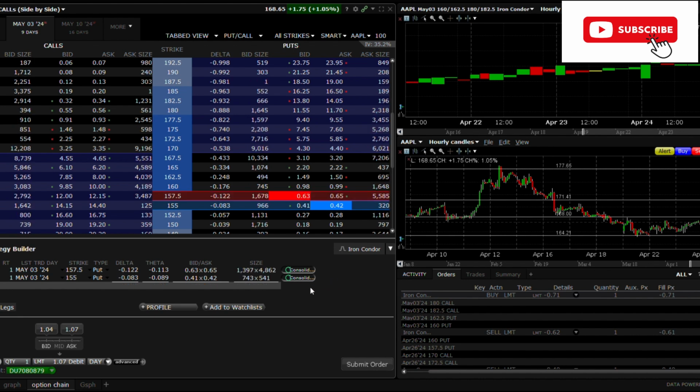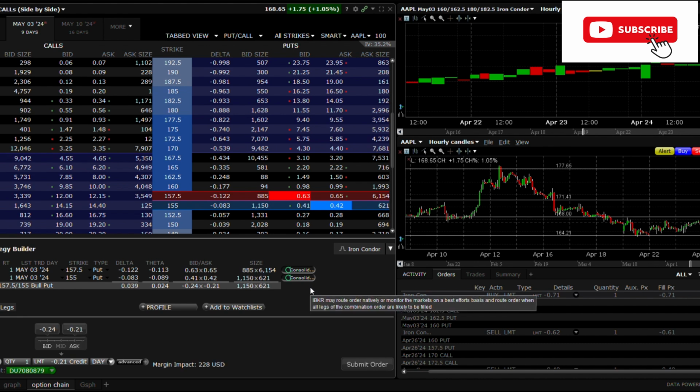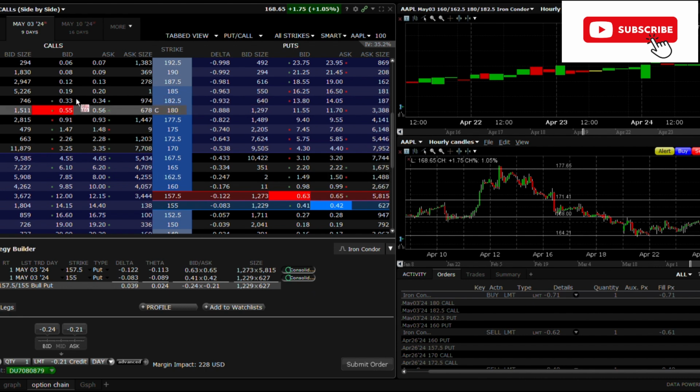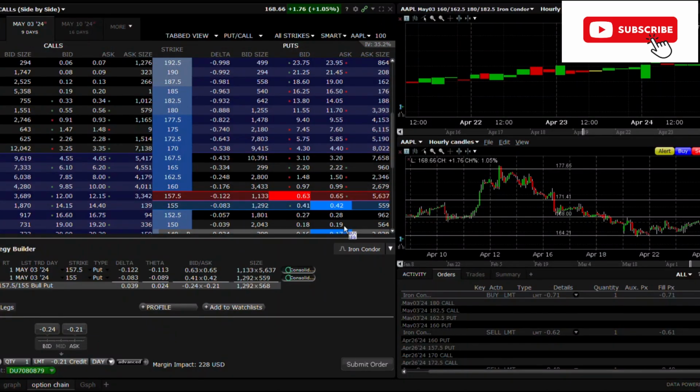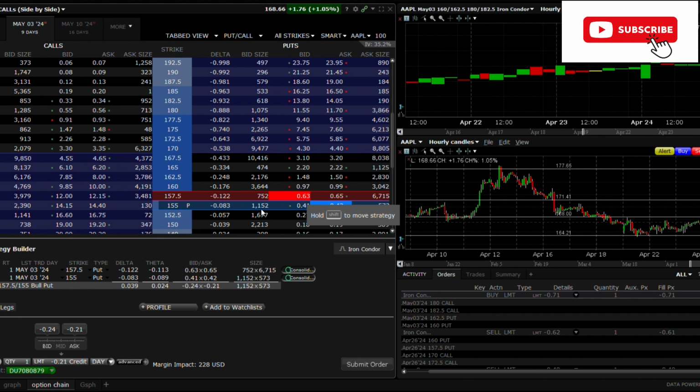An iron condor means you have one put credit spread on the put side, and a call credit spread on the call side. But if you want to have the same amount, the third strategy, the same credits, what people do for this strategy is they will do this separately. So first they will sell a put credit spread like this.